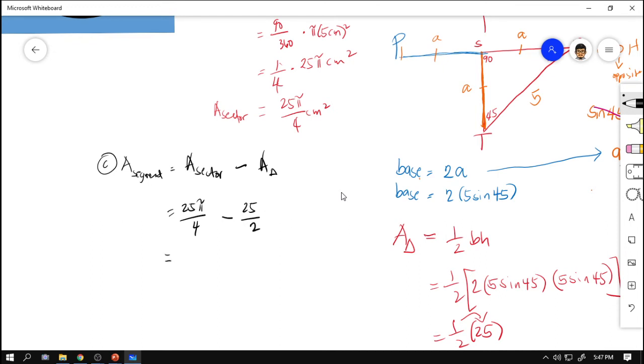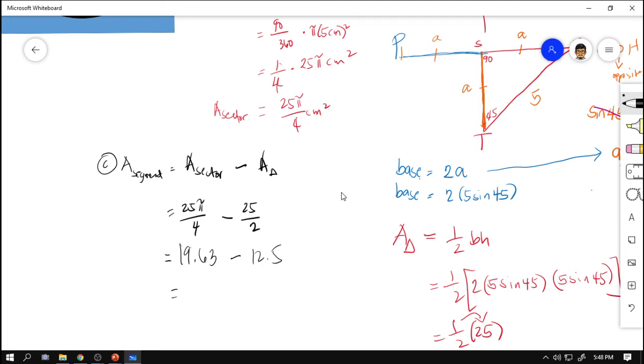Okay? Now next, 25 pi over 4 is equal to 19.63 minus 25 over 2, that is 12.5.